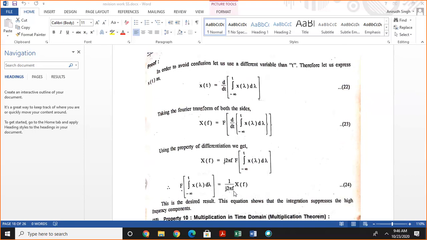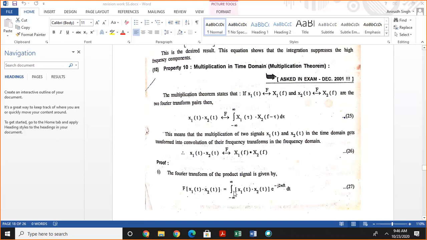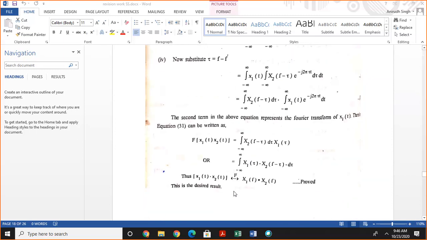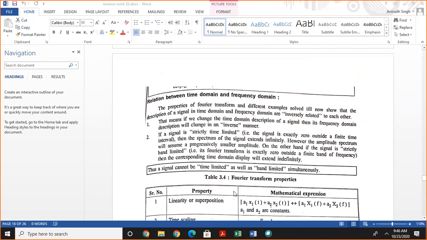So the Fourier transform of dx by dt is given by this. Differentiating the signal in time domain is equivalent to multiplying its Fourier transform by j 2 pi f.